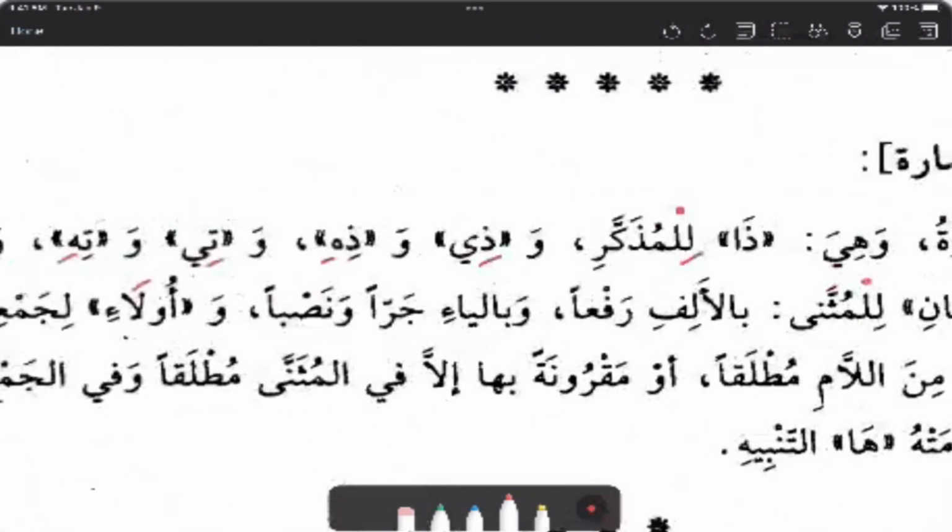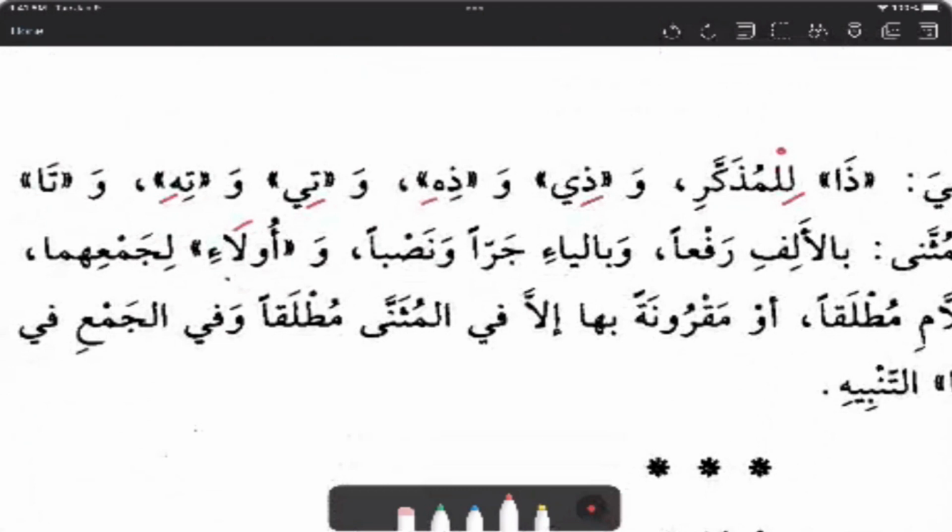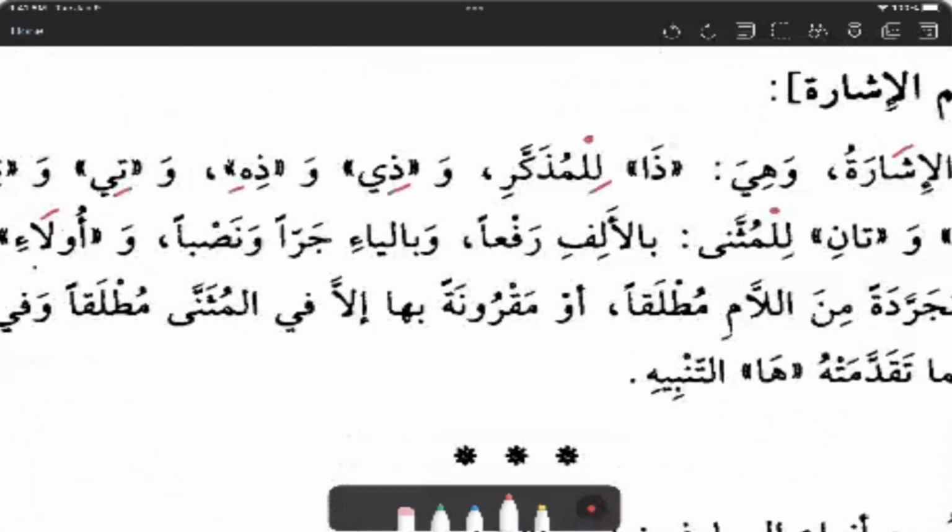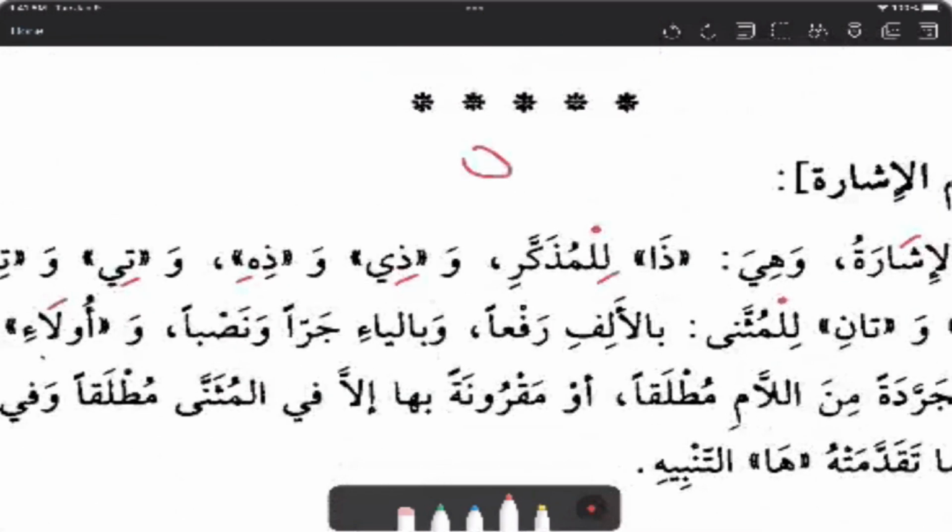But you notice here, we didn't say ha, we just said that. Because you might be familiar with hadha, or you might be familiar with dhalik. So we didn't say leak, we just said that. So he's going to talk about that now.